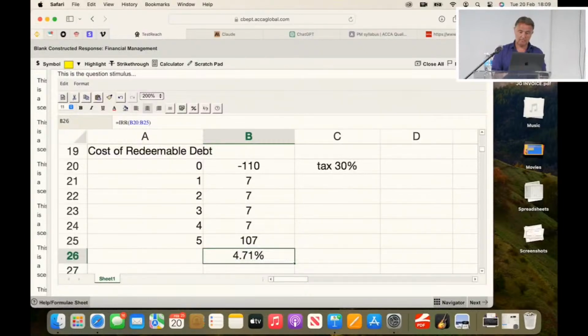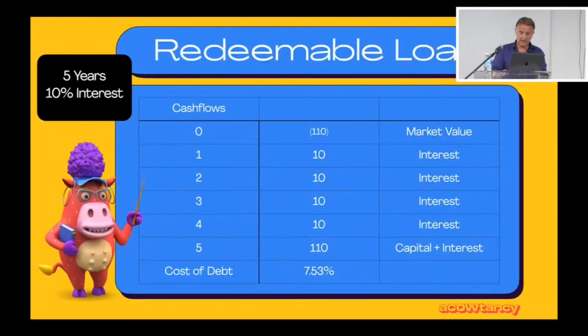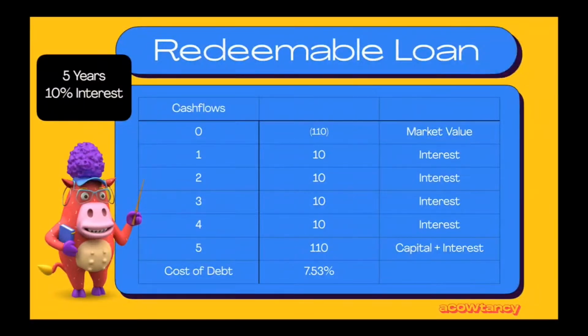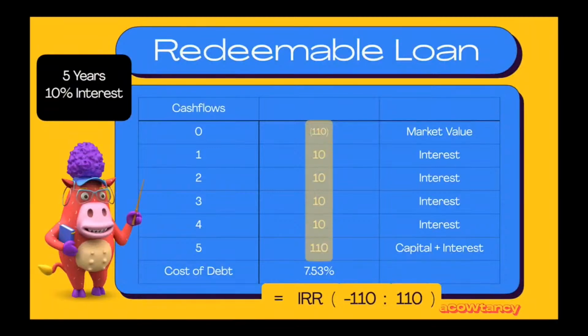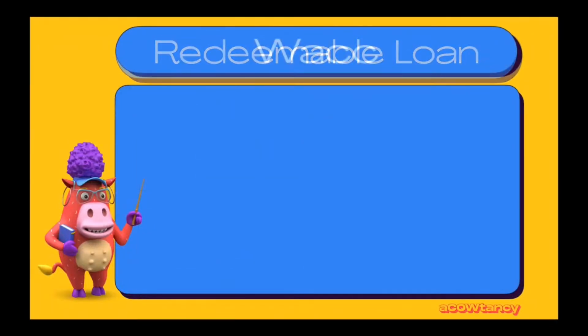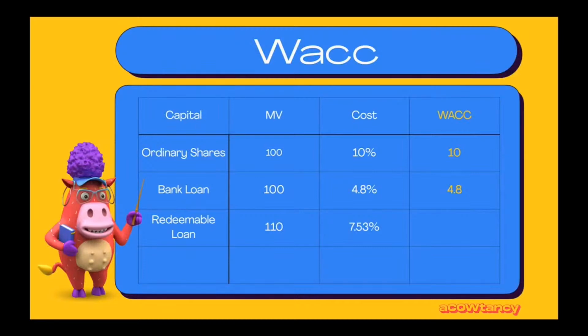So you've worked out your cost of debt to 7.53%, and then you just pop that back into your weighted average cost of capital working. Okay, so IRR from the top to the bottom, those figures there. And then we finish off our weighted average cost of capital.